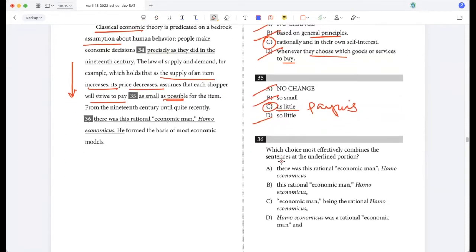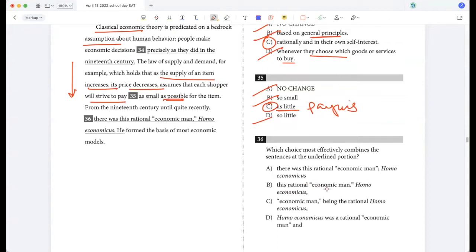From the 19th century until quite recently, there was this rational economic man, Homo economicus. Okay, so here, I have to combine, right? So there was this rational economic man, Homo economicus, formed the basis of most economic models.